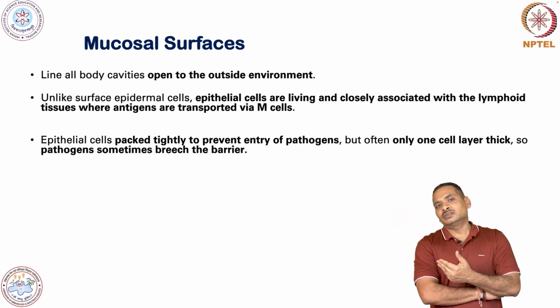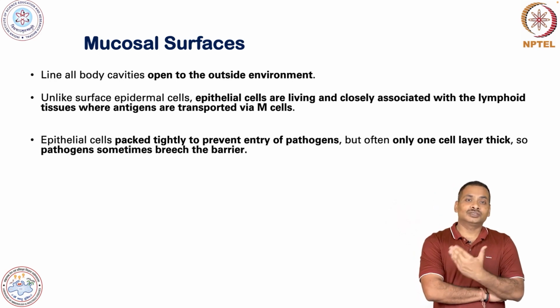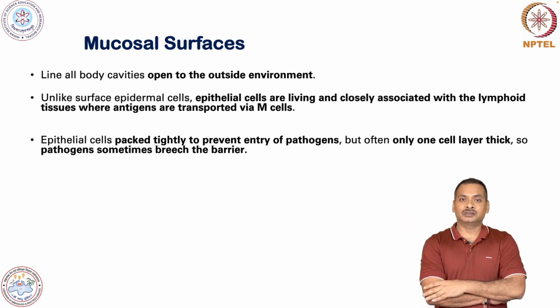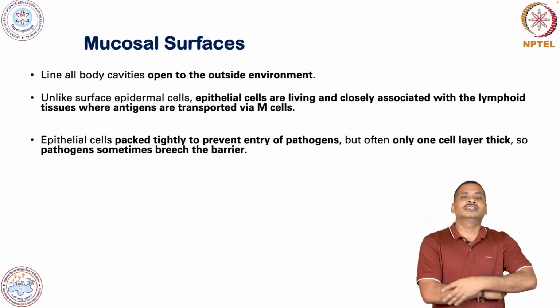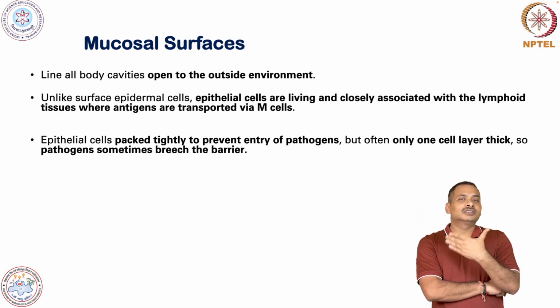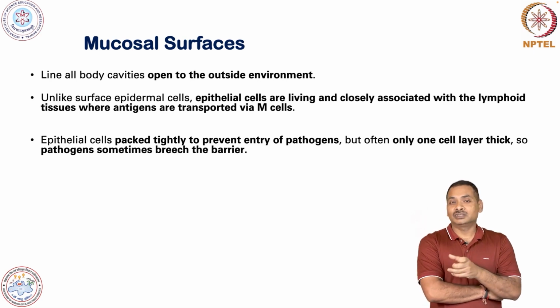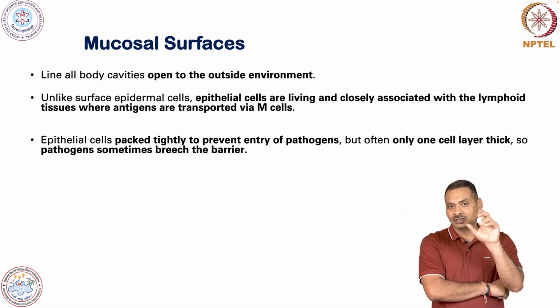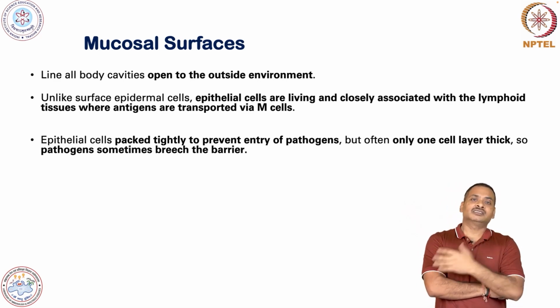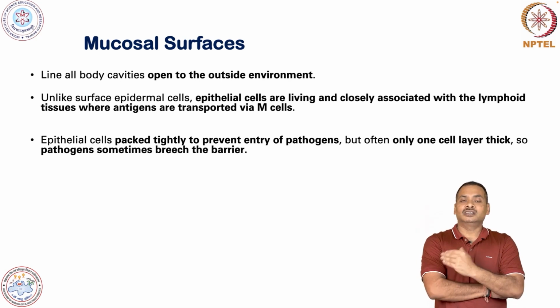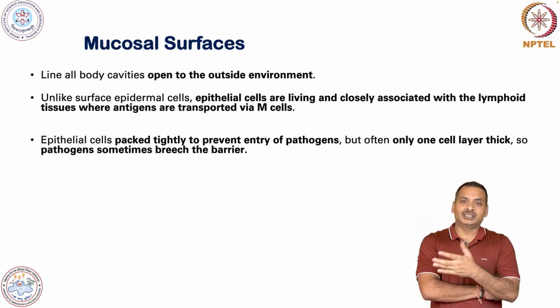There are several pathogens which infect through the oral route. Those pathogens develop some mechanism, and some of them have anchor-like proteins which hook up with this epithelial layer, and then they gain access inside the tissue and can infect.